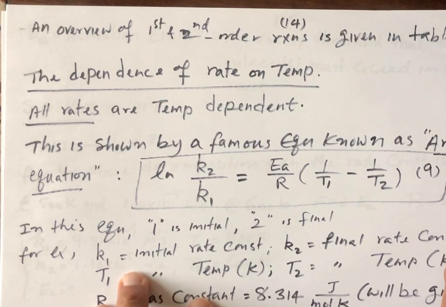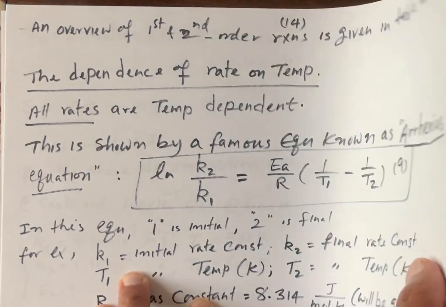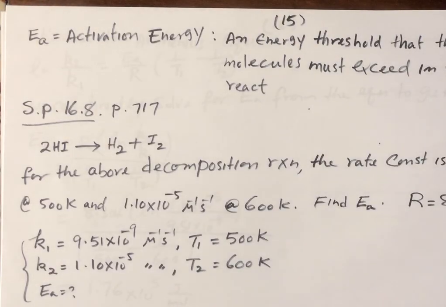Now we need to say a little bit about the activation energy, EA, that appears in that equation. Activation energy, by definition, is the energy threshold that the colliding molecules must exceed in order to react.